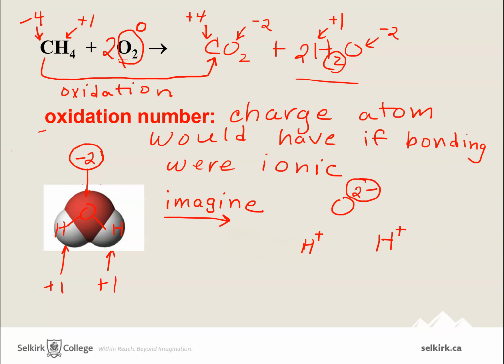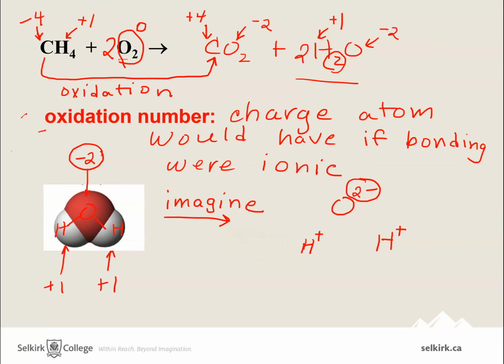Hey, that makes sense. Historically, the meaning of oxidation was reaction with oxygen. Methane reacts with oxygen, it gets oxidized. We've generalized the definition of oxidation since then, but I'm glad it works in this case. Now, if the methane got oxidized, something else must have gotten reduced. We're looking for another atom whose oxidation number changed, and it is the oxygen.